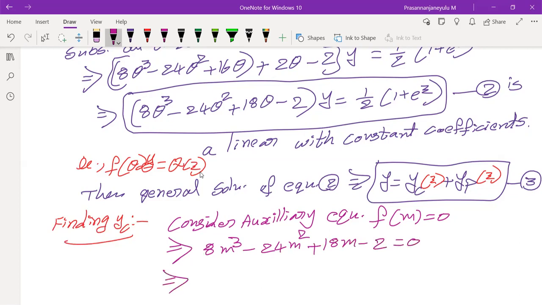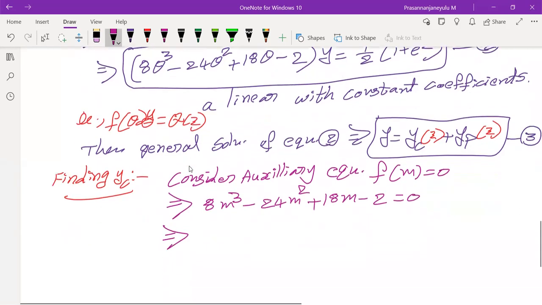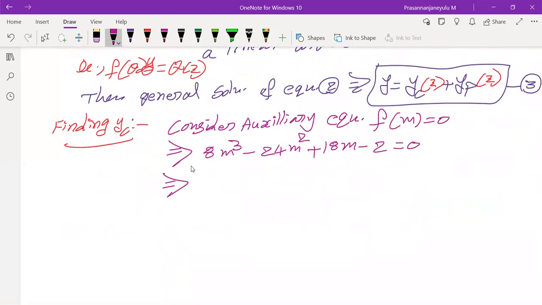Now tell me how to find the roots of this cubic equation. Use your scientific calculator. In your scientific calculator, change the mode to equation and then use the cubic equation, that means polynomial equation. It is a ClassWiz scientific calculator you are using.